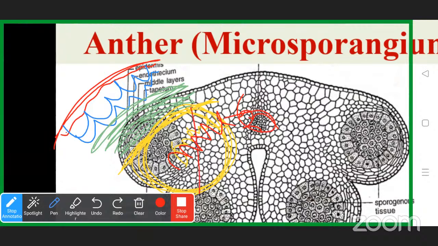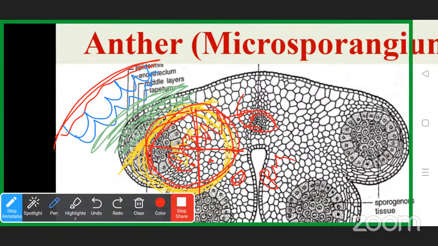The diploid cells undergo reduction division to form haploid spores, which we call microspores, also called pollen grains. A large number of pollen grains will be formed. For that pollen grain formation, the tapetal layer will be useful. The tapetal layer supplies the nutrition. It is also called the nutritious layer. It is the innermost layer of the anther. Okay, that is very, very important.